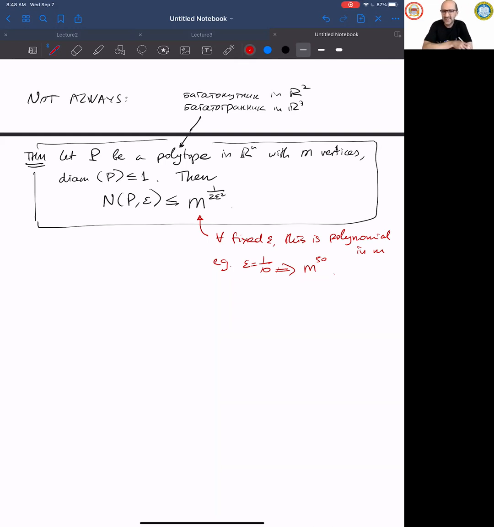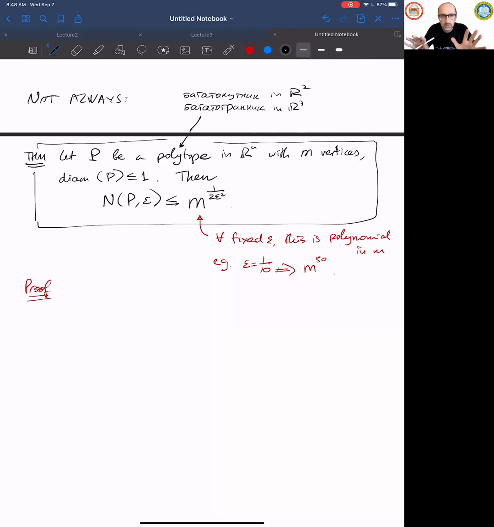So this is a surprising thing, given that to cover the entire ball, you need exponentially many balls, and for polytopes, you need polynomially many. We'll try to figure out why this happens on the intuitive level a little bit later, just after the proof. But let's prove this first. Is the statement of this theorem clear?